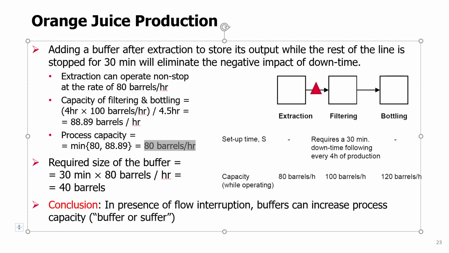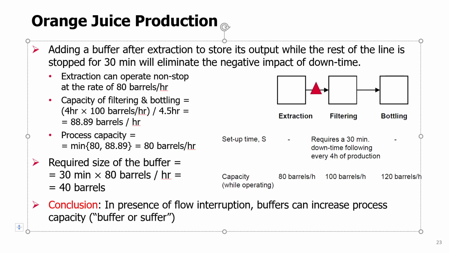The interesting question is also how much of a buffer do we need? So it's easy to see that the important thing is, if extraction is operating continuously, how much juice will it generate while filtering is down for 30 minutes? And obviously this can be calculated from Little's law, right? Inventory equals flow rate times flow time.